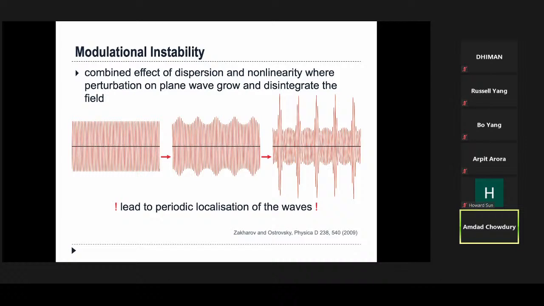So what is the mechanism? As you can see in this picture, from the left, this is a carrier wave, which has a single frequency.